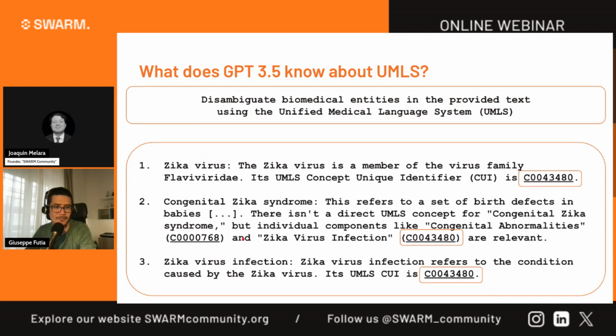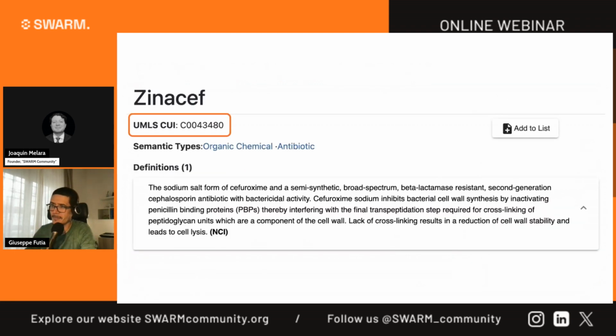But what I would like to focus on are the IDs the model associated with these specific entities. As you can see, they are all the same number, but we have seen that in UMLS these entities are encoded in different ways. But the problem is that this number is also wrong, because in the UMLS it identifies an organic compound that is used as an antibiotic.